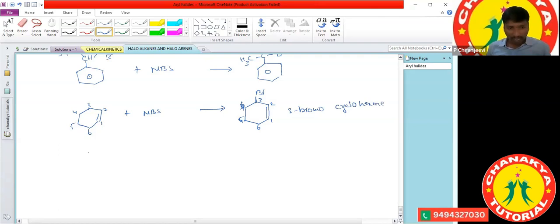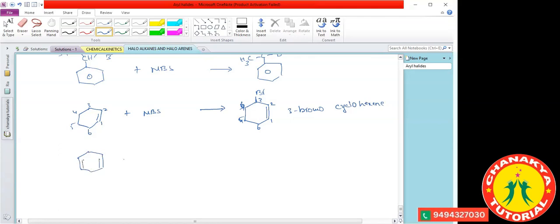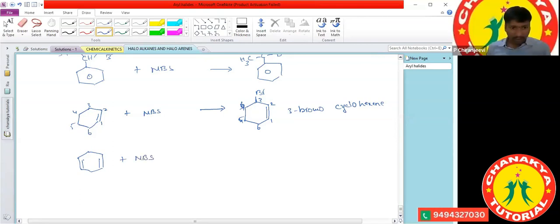Now one more structure like this. What is the product? I'll give the numbering 1, 2, 3, 4, 5, 6. At which carbon atom can we take the substitution?